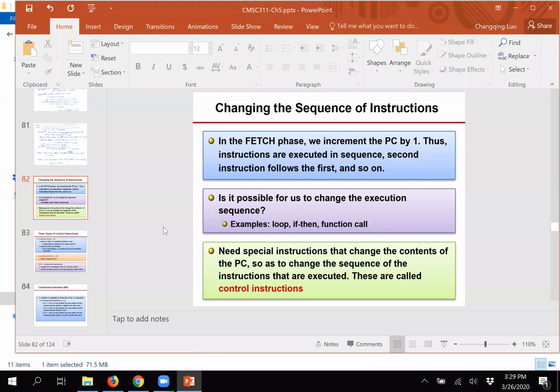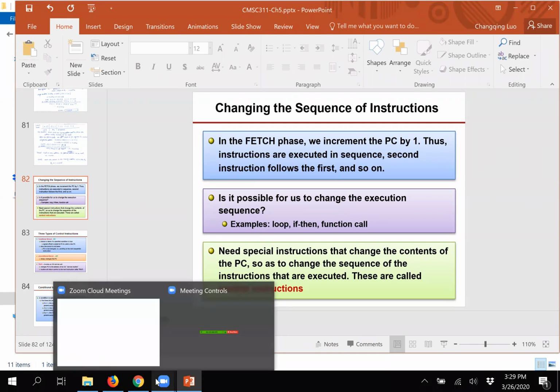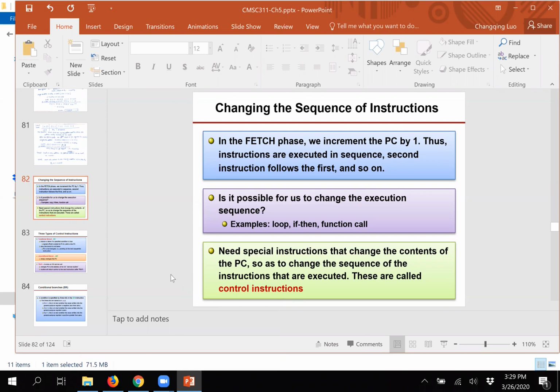Can you see the slides and others? Yeah, we can. Okay.